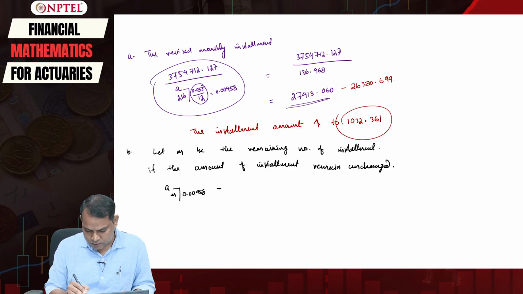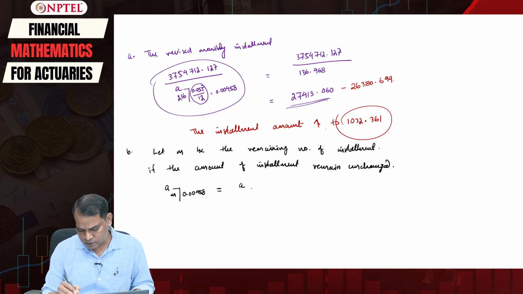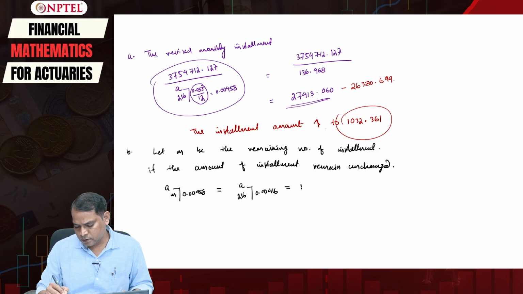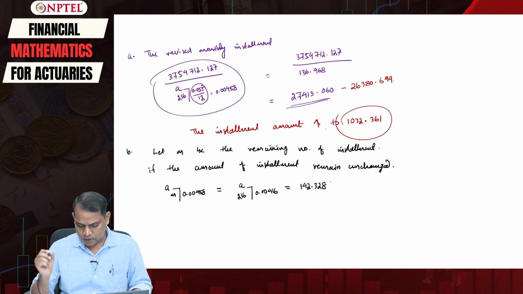which is equal to, okay, now we can rewrite this as A angle M. M is now 216 and I is therefore the old interest rate 416, which we have already computed as 142.328.